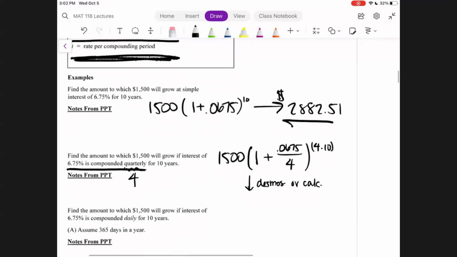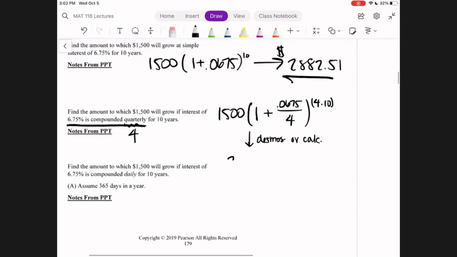So I get 2,929.50. Right? So we see here that I'm already making a little bit more money. You can see what happens if you compound more, or compound longer. A lot of people will put money aside and try to do the most frequent compound option if all the nominal rates are the same.